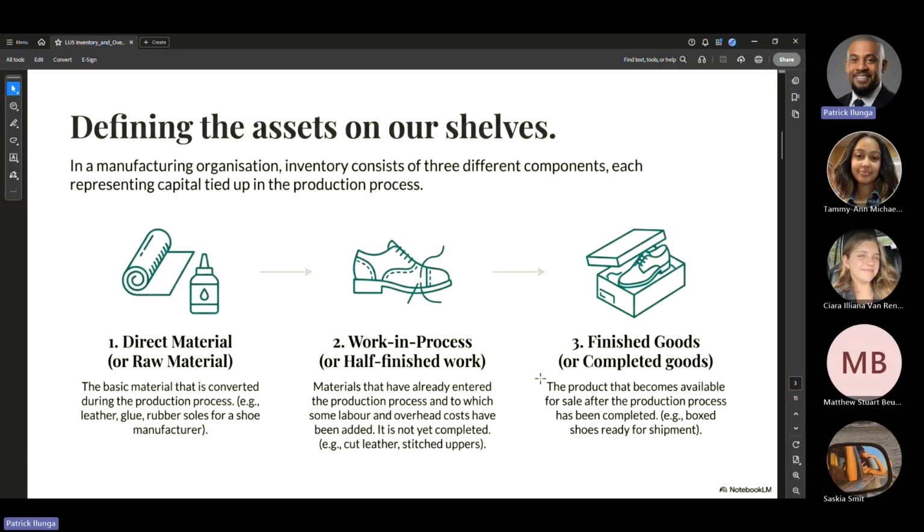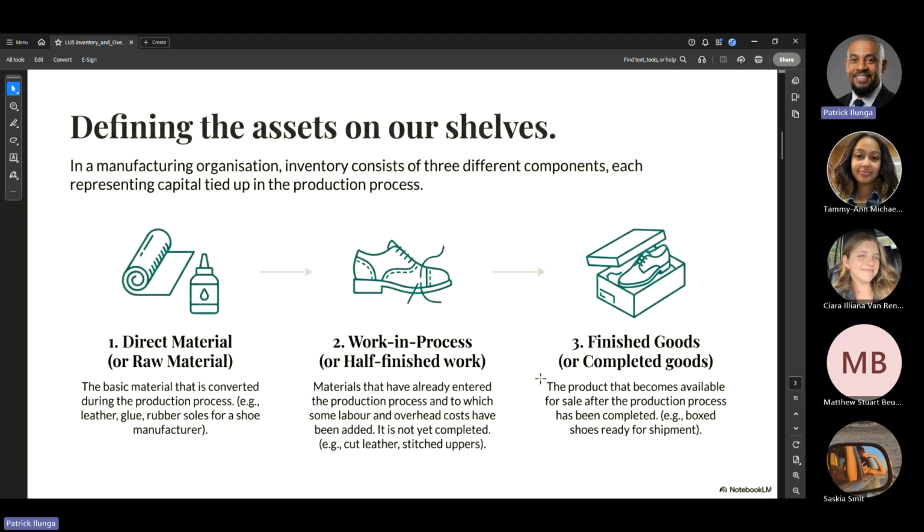So in a manufacturing organization, inventory consists of three different components. And this is true. Like I said, make again the difference between a trading company, right? The trading company would be purchasing inventory for the purpose of selling it at a profit, with a markup.